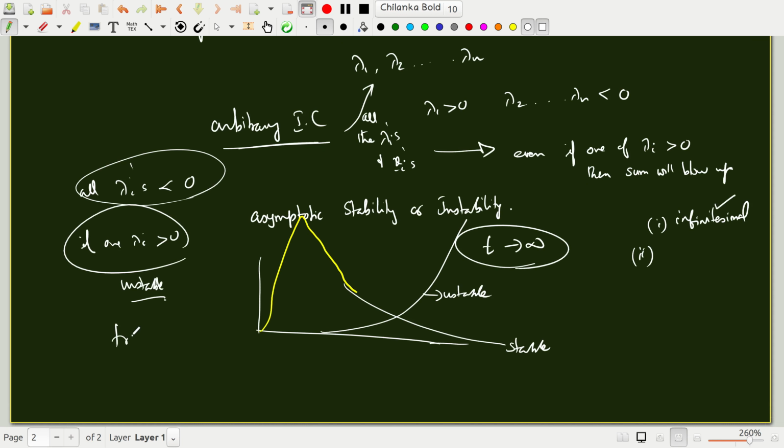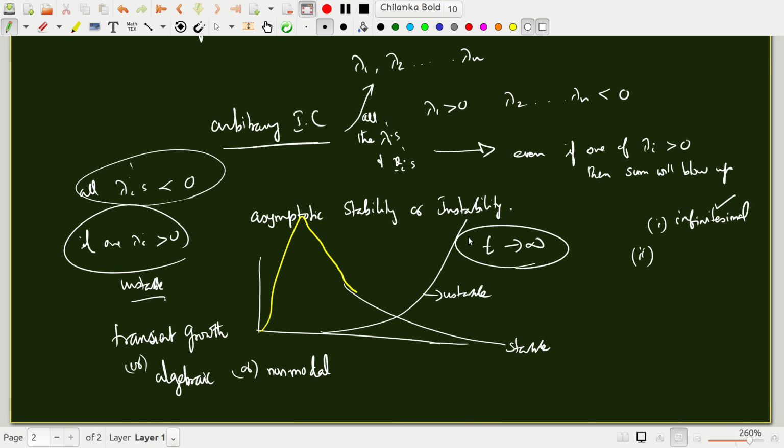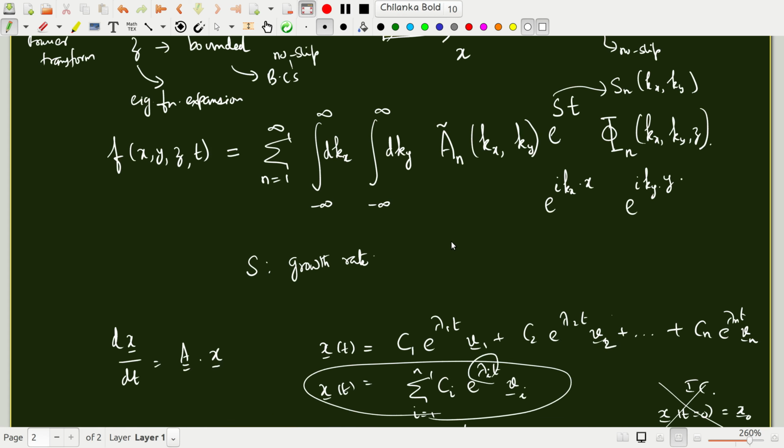It's called transient growth, and or non-exponential algebraic growth or non-modal growth, because it is not the growth due to one single mode or one single eigenvector. It is due to a combination or superposition of eigenvectors. Okay. So these are the drawbacks of the normal mode analysis.